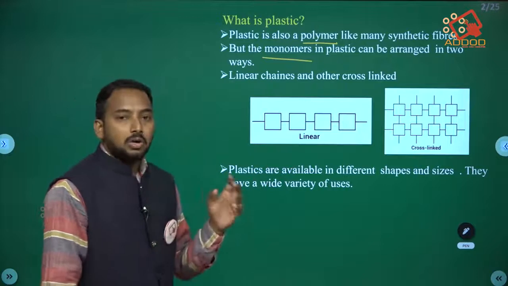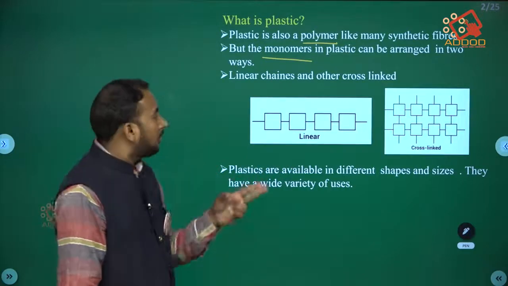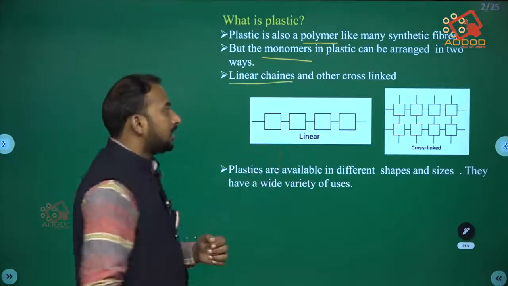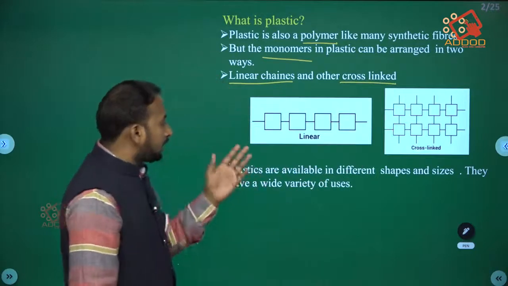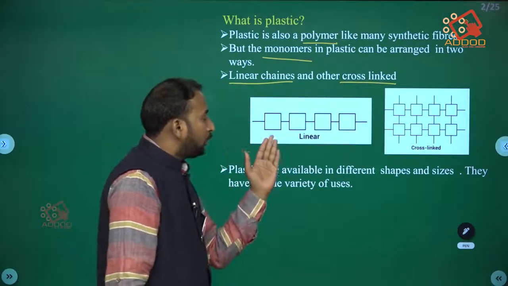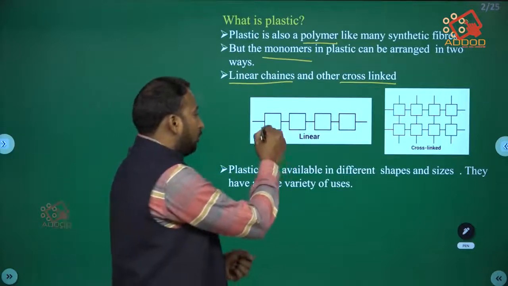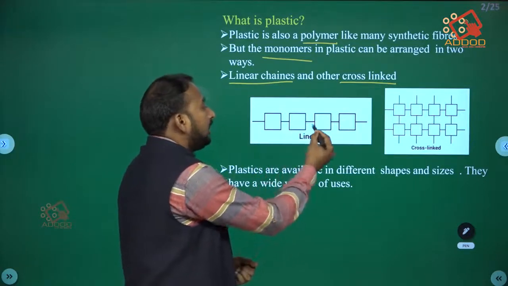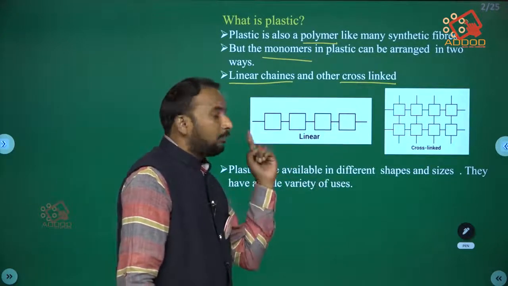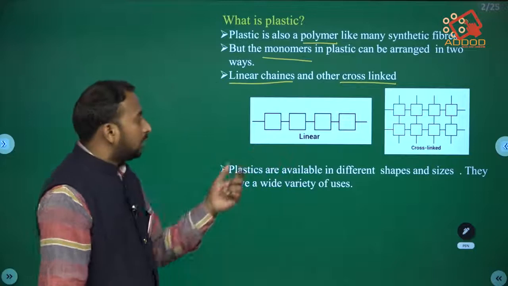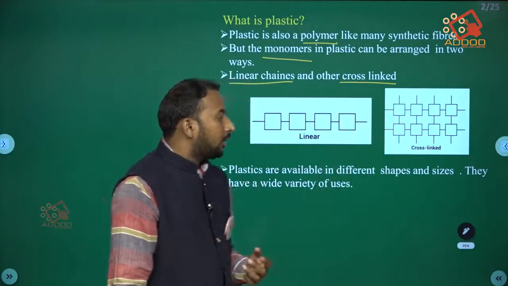But the monomers in plastic can be arranged in two ways: first linear chains, and the other cross linked chains. Let us see the diagram. In the linear arrangement, monomer units are joined together linearly to form large chain molecules, which is called linear chains. See the second picture, cross linked.